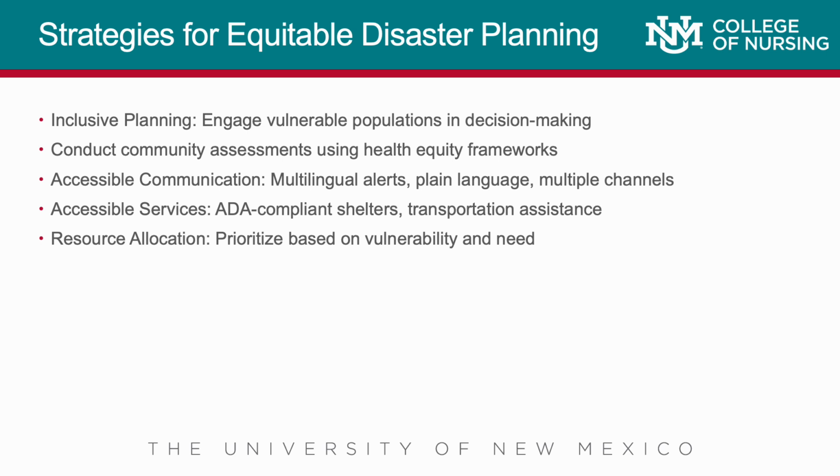It's not just to return the patients to their pre existing disaster state, but to help them build back more resiliently, address the social determinants that made them vulnerable in the first place. So, again, what are your roles? Inclusive planning, conducting community assessments, accessible communication, accessible services, and resource allocation.